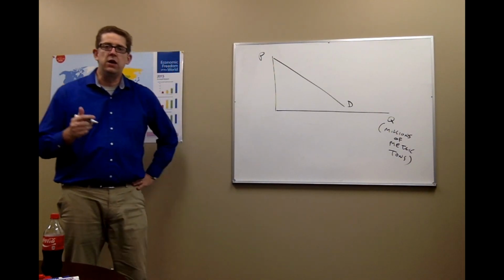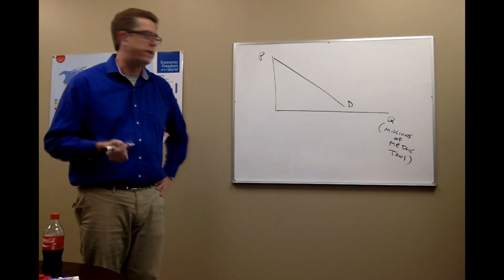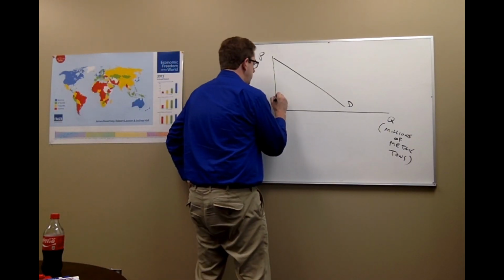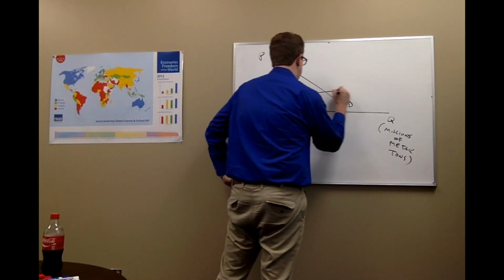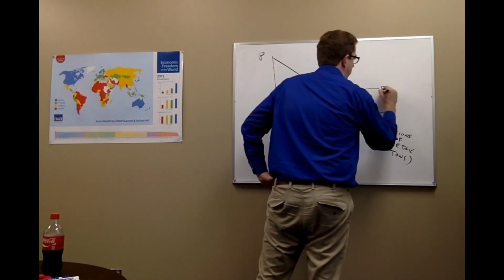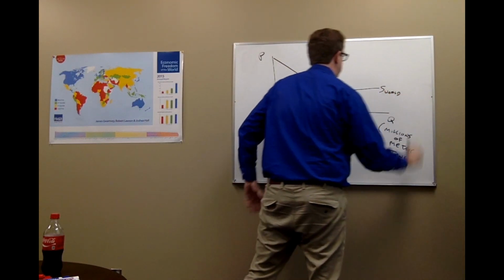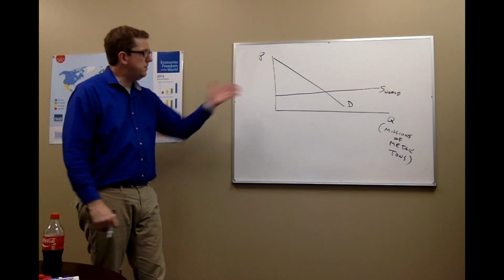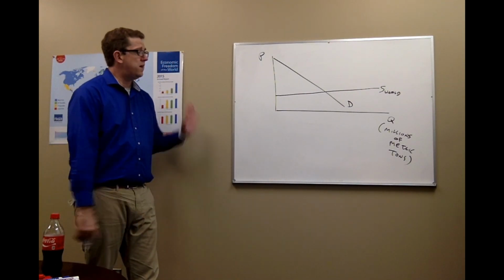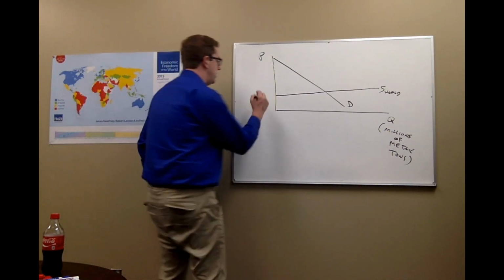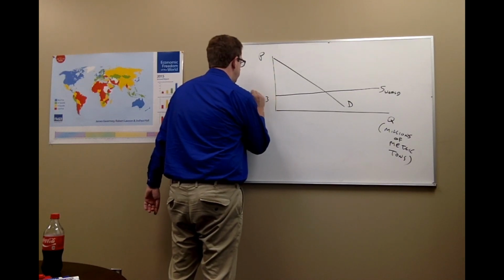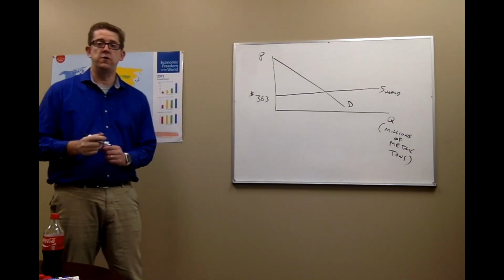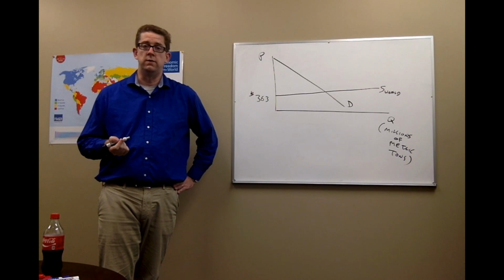Again, I mentioned a second ago that steel is traded in a world market. We're going to assume that that world market is so big and there's so many producers that they're effectively willing to supply as much steel as Americans could possibly want for $363 per metric ton.